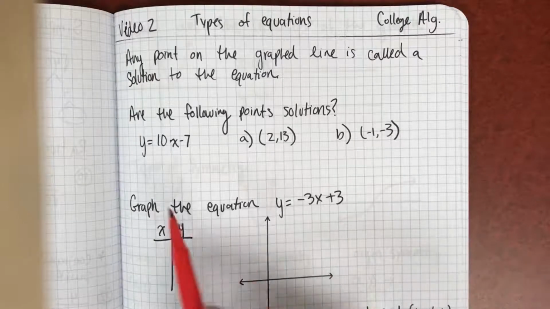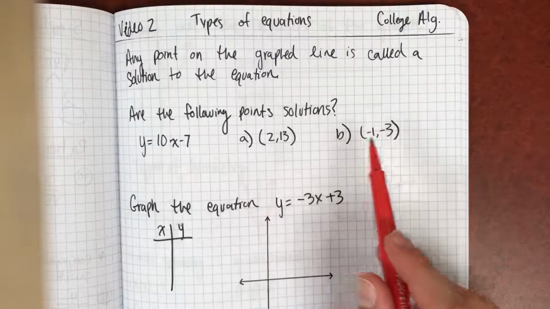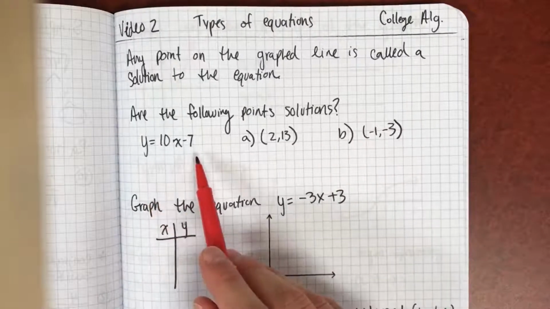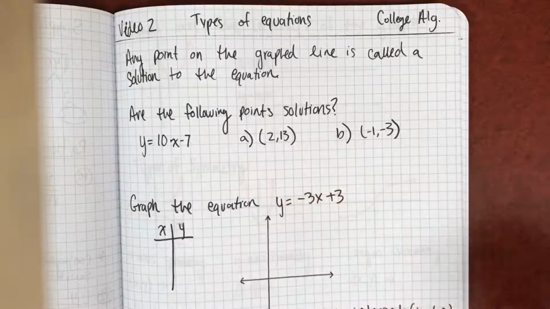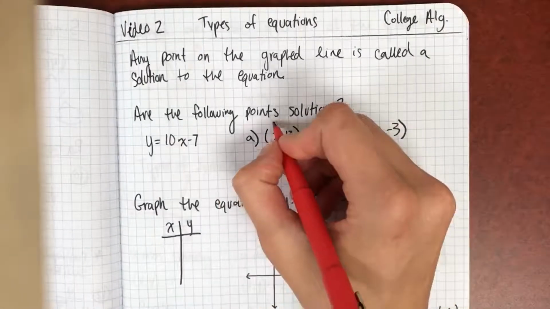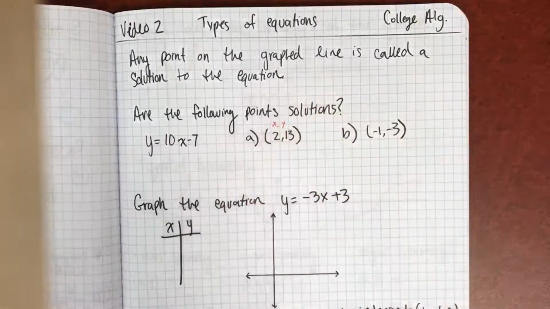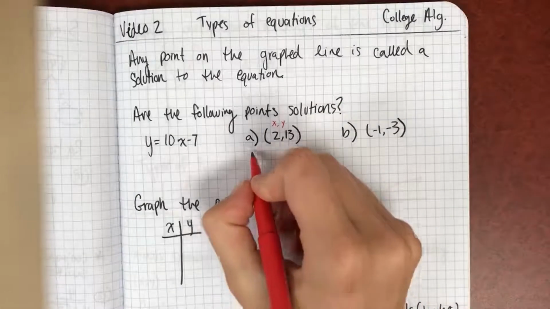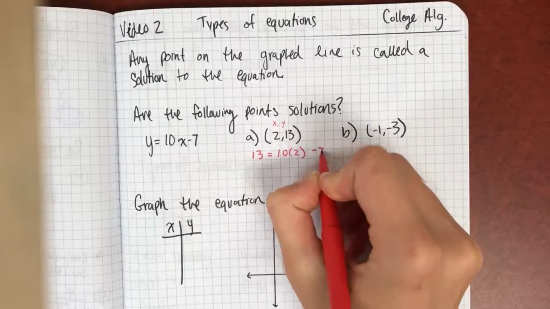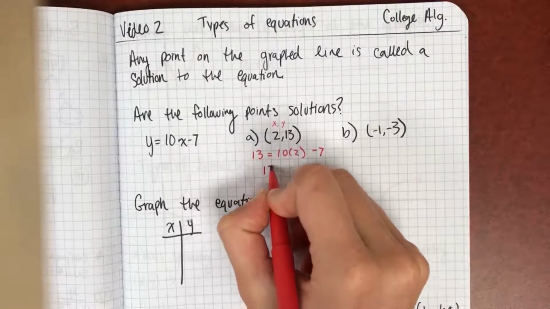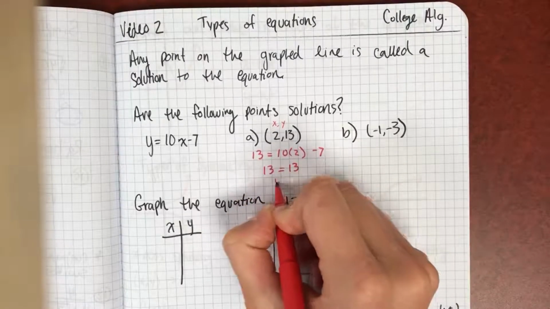The next part is, are the following points a solution? Here's our equation. To figure out if it's a solution or not, we plug in the point. Remember, this is x and then y. So we've got 13 equals 10 times 2 minus 7, and that would be 13 equals 13.